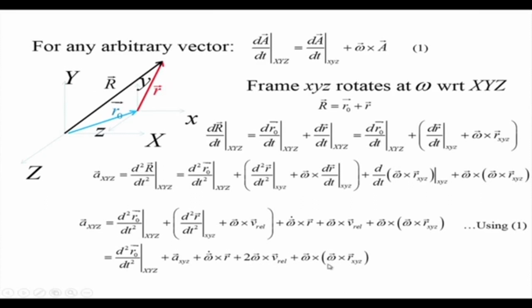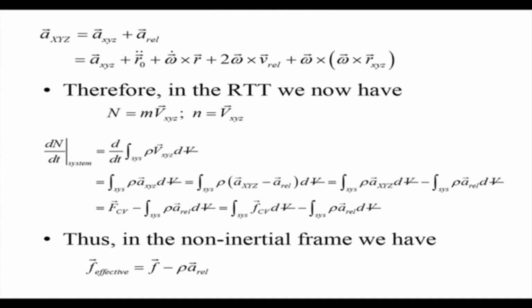So this is what we derived. We can write this in shorthand notation: a capital XYZ is equal to a small xyz plus a relative, where a relative is a shorthand way of writing all these terms: r0 double dot plus omega dot cross r plus 2 omega cross v relative plus omega cross omega cross r.